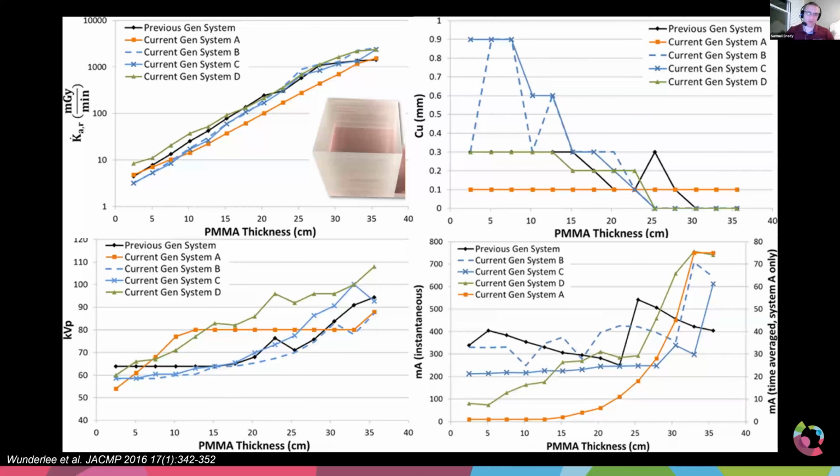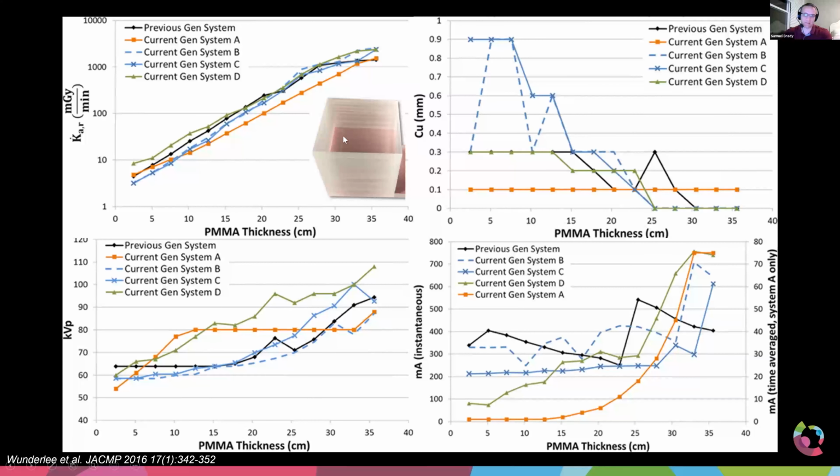There is a lot on this slide. The reason I'm showing you these four plots is to give you one point. If you look at this top left corner, basically you have these simulated patient thicknesses. All they are is different thicknesses of PMMA, of plastic. As physicists, we love to use these plastic blocks because they give a good, reasonable approximation of how patients will change in thickness.